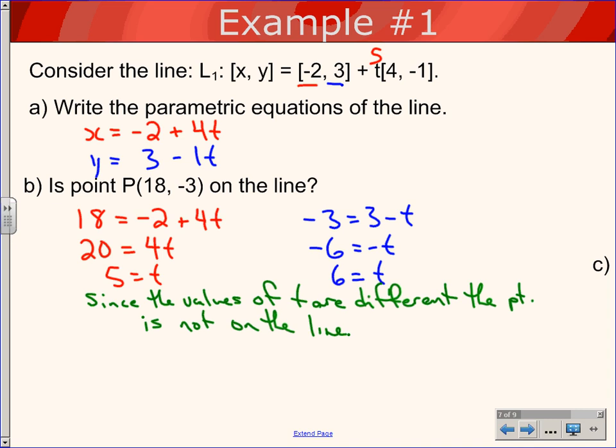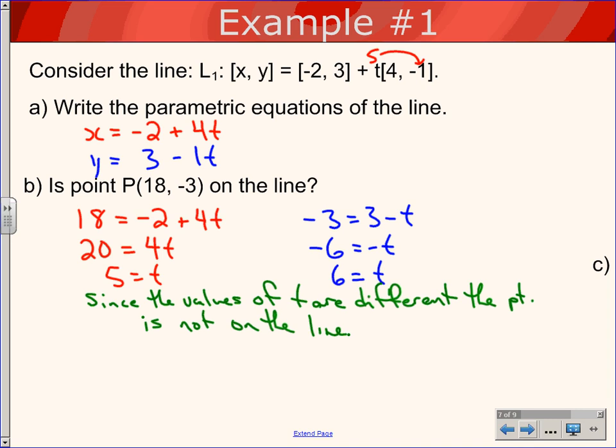If I sub in 5, notice that for the x component, I would actually get the 18, right? 5 times 4 would be 20, and then take away that 2. I'd get 18 from that. But with the y component, I don't, right? With the y component, if I put the 5 in, 5 times minus 1 is minus 5, plus 3 is minus 2.